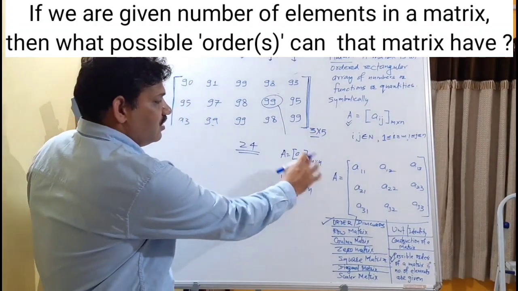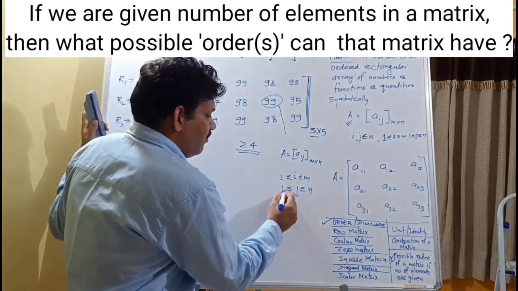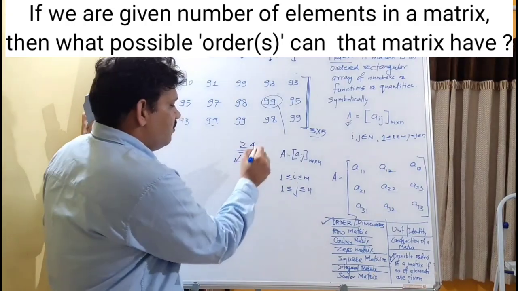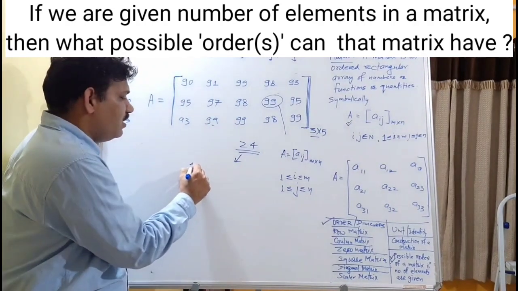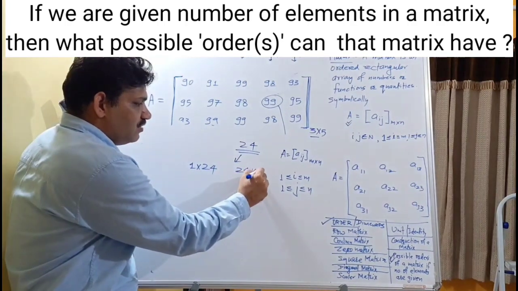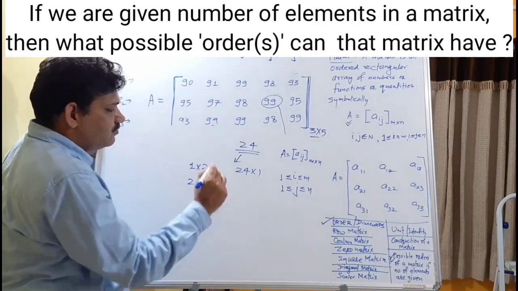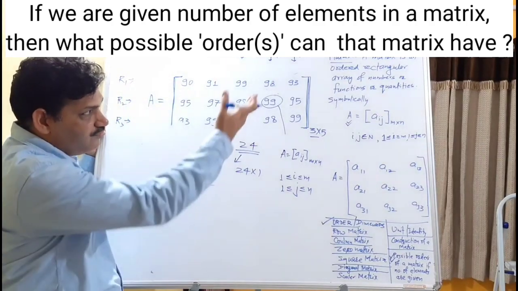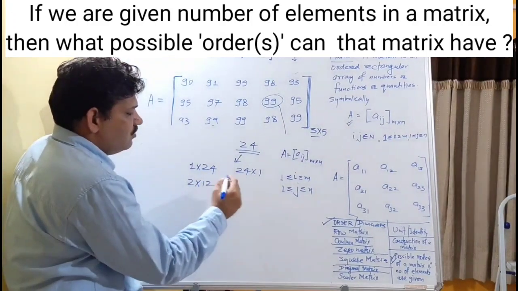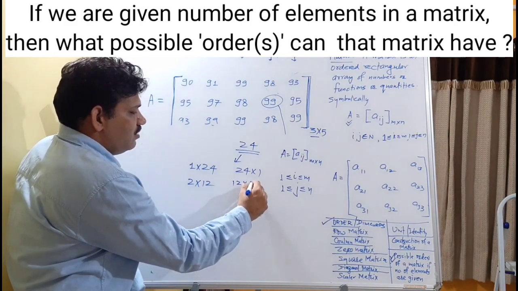Means if I arrange this into rows and columns, then I can find all the natural numbers which divide 24. 1 divides 24, so order can be 1 by 24 or vice versa 24 by 1. 24 is divisible by 2, so one possible rectangular array can be 2 rows and 12 columns, or 12 rows and 2 columns.